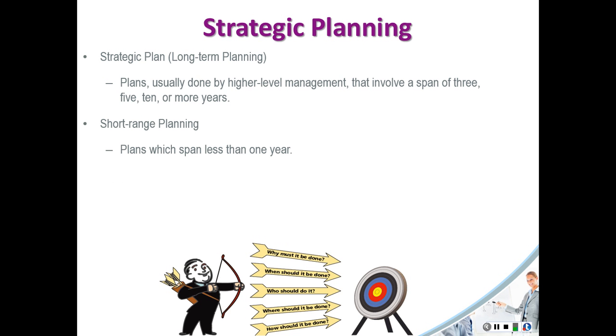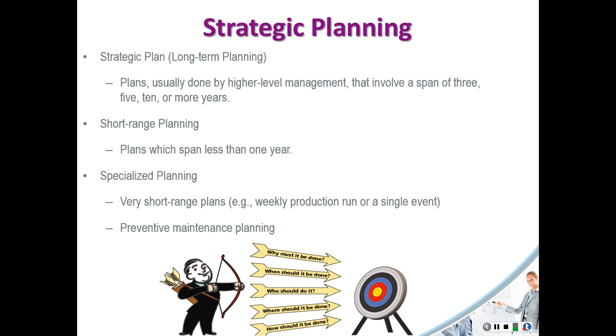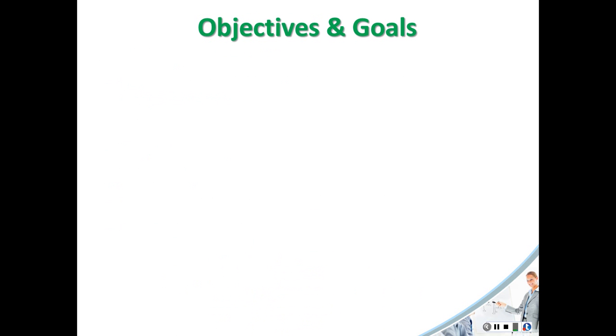Short-range planning are all those plans that are usually 1 year or less. Specialized planning is very short-range plans, maybe for a month or 3 months, kind of like preventive maintenance planning, something that short-run has a special purpose for it.